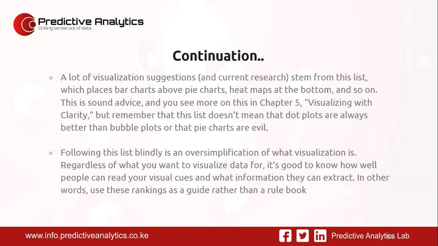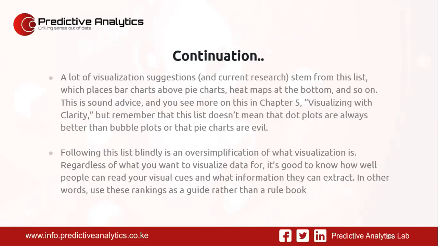A lot of visualization suggestions and current research stem from this list, which places bar charts above pie charts, heat maps at the bottom, and so on. This is sound advice, as you can see more in this chapter later, visualizing with clarity. But remember that this list doesn't mean that dot plots are always better than bubble plots or that pie charts are evil.